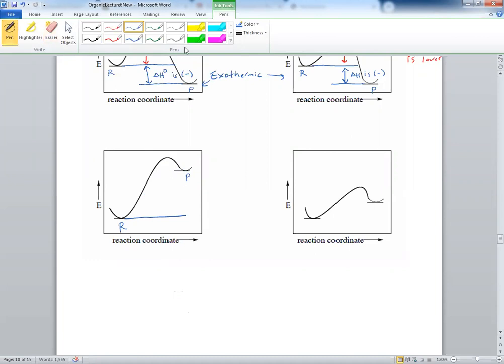So the difference between the peak and R is the activation energy.